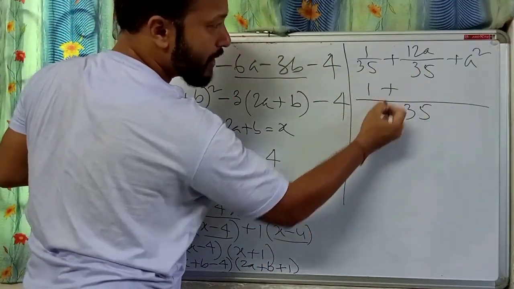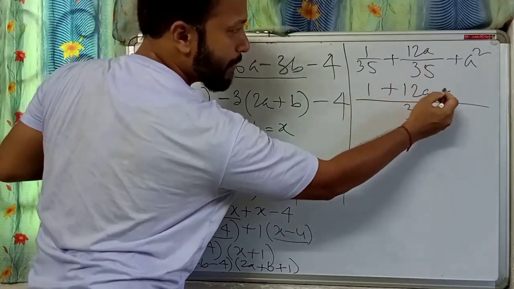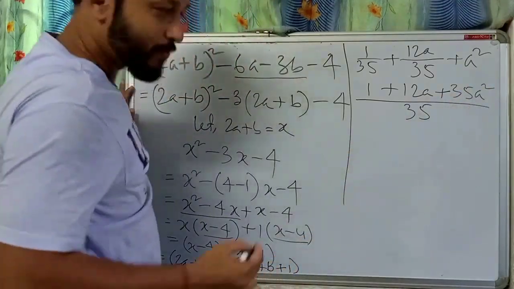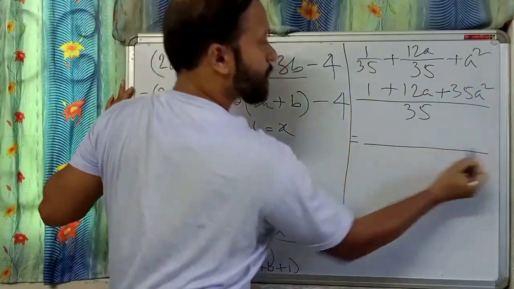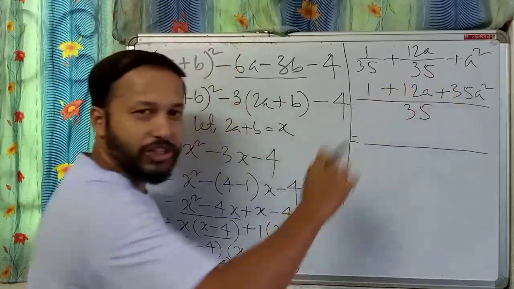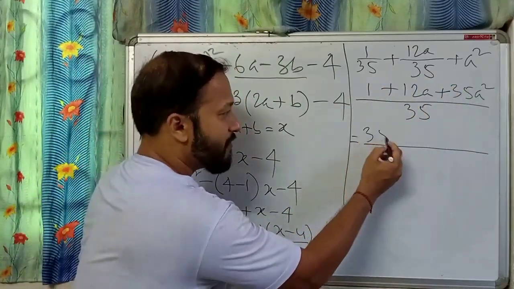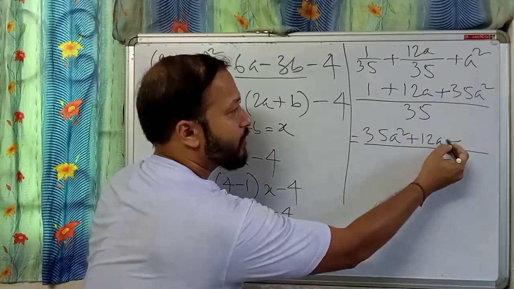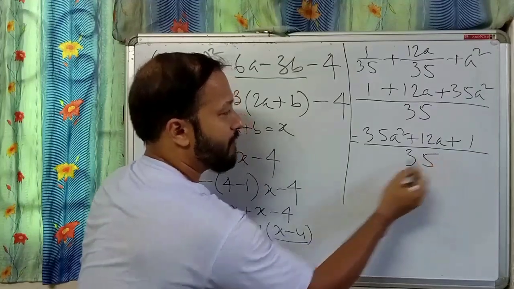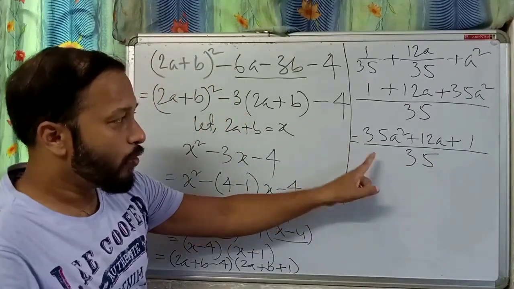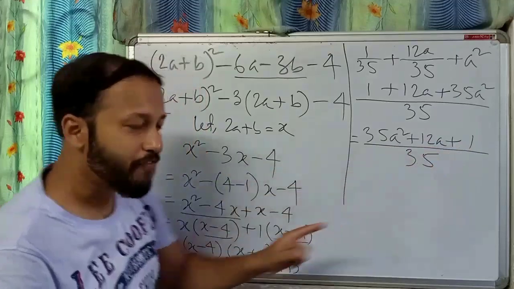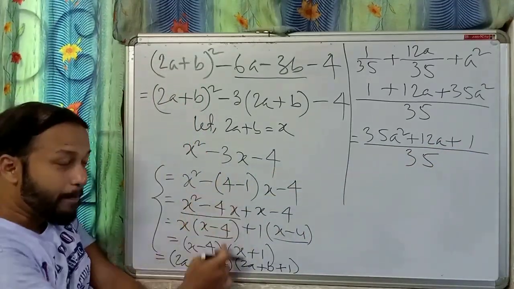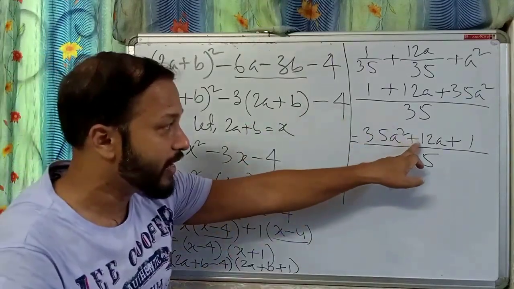Here we will get 1 plus 12a plus 35 into a square, 35a square, right? So now we will just arrange it. 35a square we will write first, plus 12a plus 1, over 35. Okay, now we will do middle term factor. The same thing we'll do here.